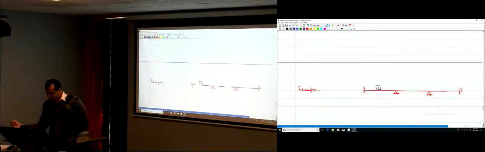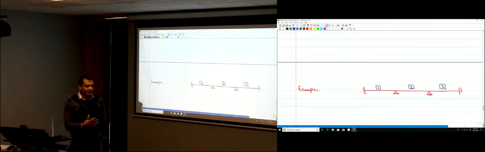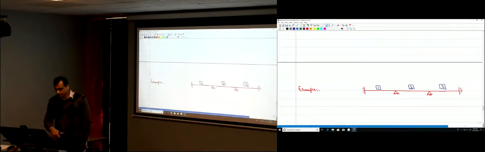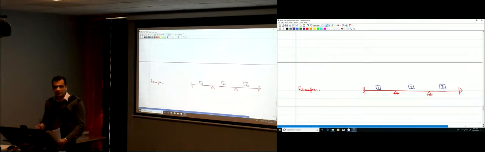So here, we start by labeling our elements. This is element 1, or beam member 1. This is beam member 2. This is beam member 3. We're going to put them in rectangles. Each of those elements has a start point and an end point, so let's label the nodes here.